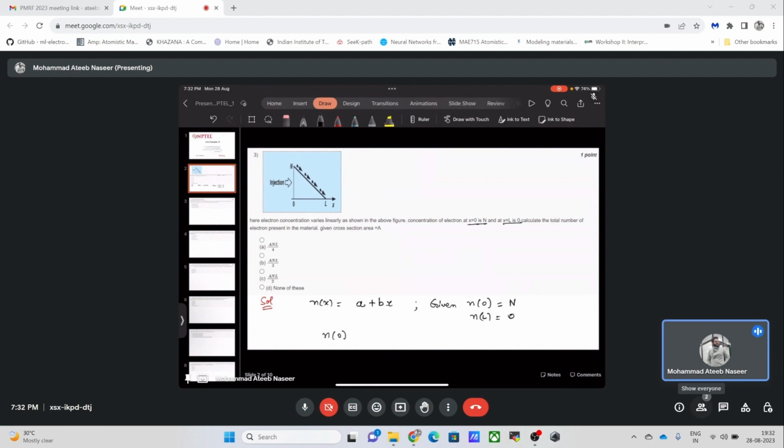n of 0 is equal to n. It implies a plus b times 0, so a is equal to n. So this is the first condition. Now for the second condition, we simply have that n of L has to be equal to 0.